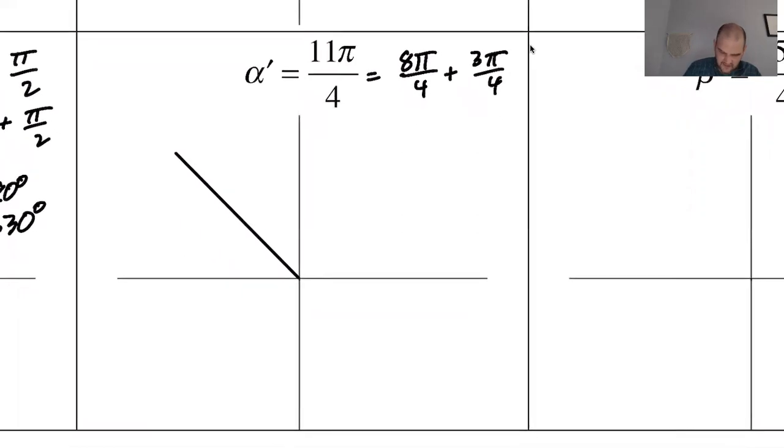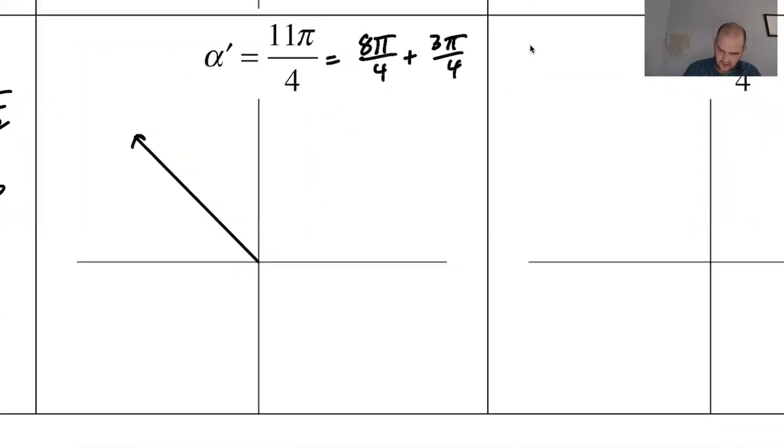Now to do the angle though, this is alpha prime, which sounds pretty cool. It sounds like a transformer type thing. We need to go full circle because of the 2 pi, and then we need to go another 3 pi over 4. So full circle, and then another 3 pi over 4. This is alpha prime.